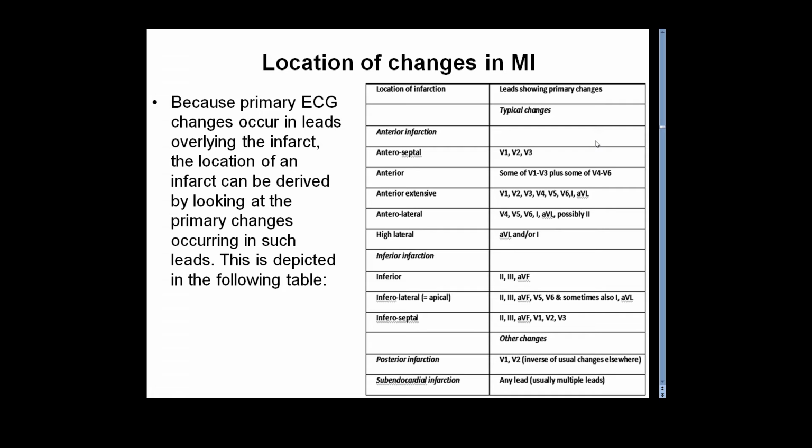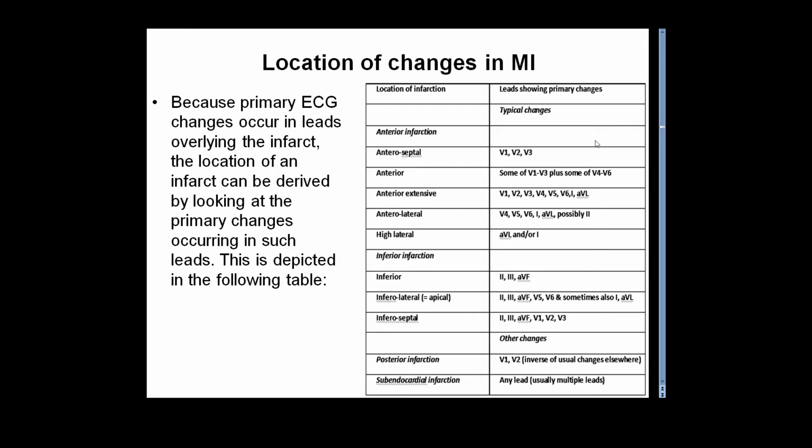Because primary ECG changes occur in leads overlying the infarct, the location of an infarct can be derived by looking at the primary changes occurring in such leads. This is depicted in the following table.